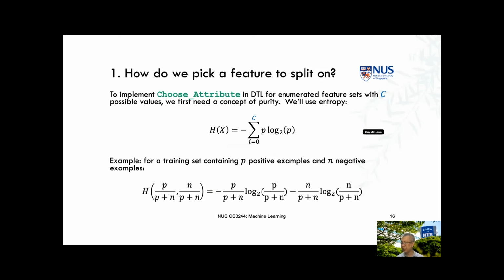So that's what we mean by positive and negative examples. We're just calculating that as entropy. You just need this formula to do that. It's basically the probability of that particular example within all of the examples that have that class label.